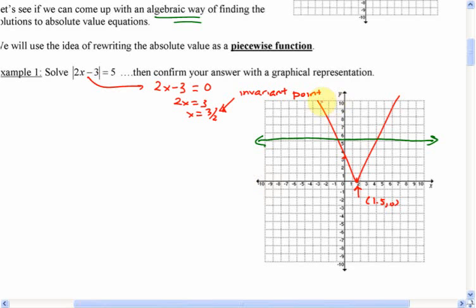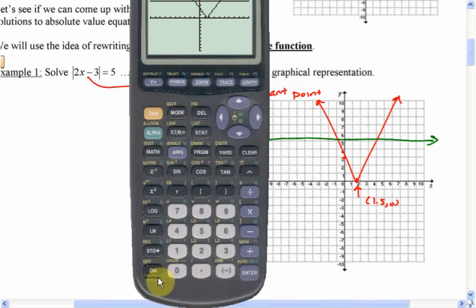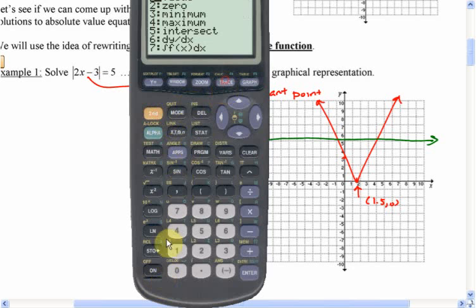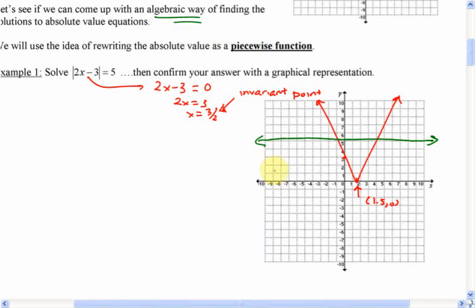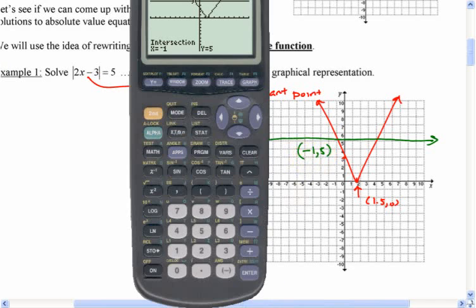And so with your graphing calculator, okay, Mavis, if you're going to do biology, just do biology, okay? Go ahead and do the intersection feature. Enter, enter, enter. Okay, you get -1, 5. And what's the other one going to be?